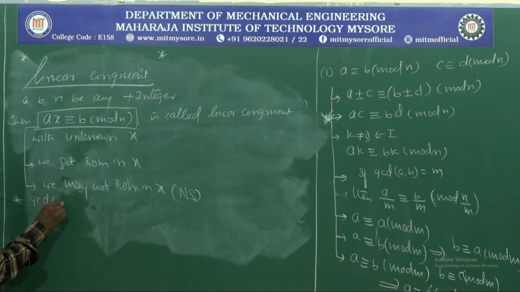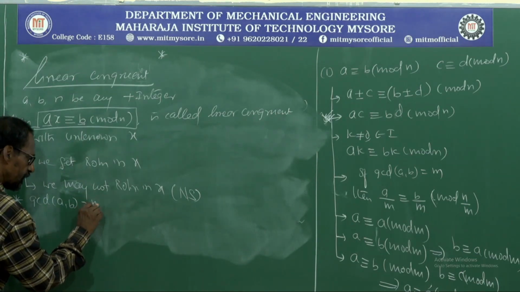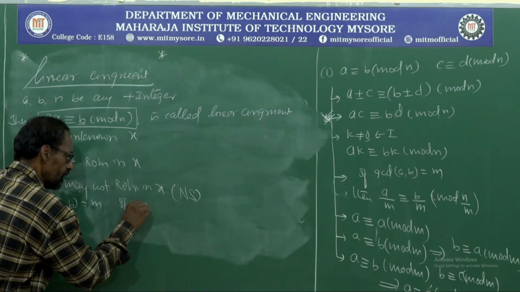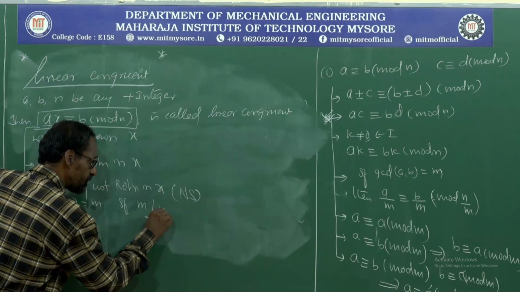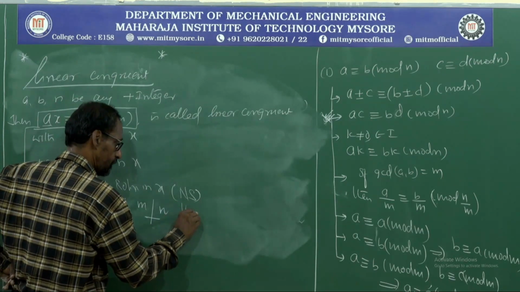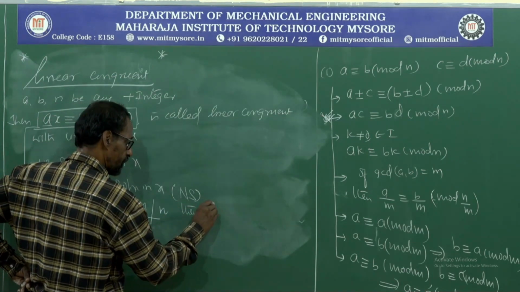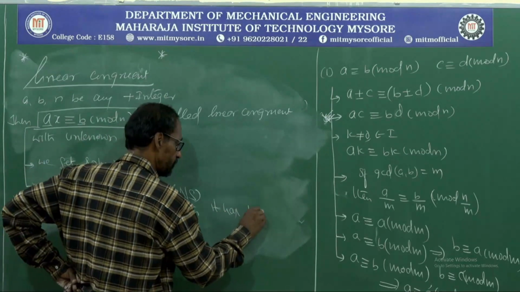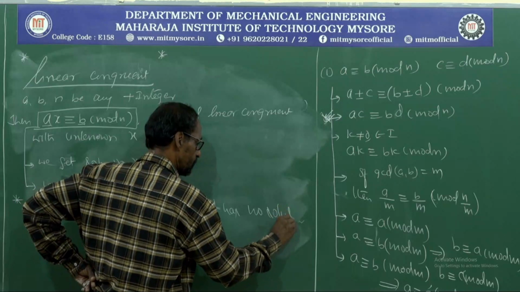Consider the GCD of A comma B, which are the given two numbers. Say the GCD is M. If M does not divide n, then it has no solution.